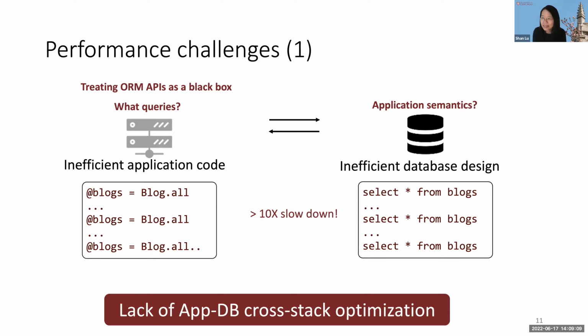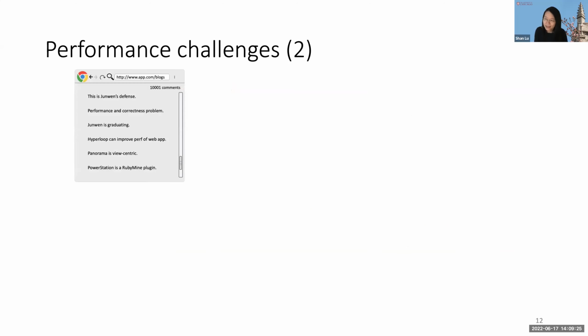So that's one of the themes that we want to tackle in our research, to bridge these two layers and to enable application and database cross-stack optimization. So that's one theme that you will see in my talk.